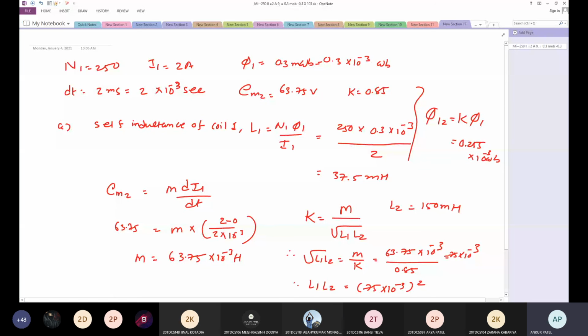Now we have to find the number of turns of the second coil. Mutual inductance we found. So how to find the number of turns of the second coil?